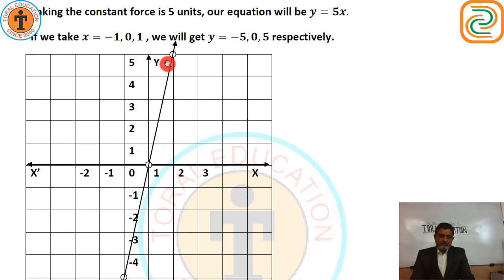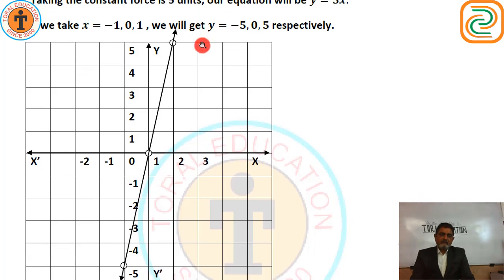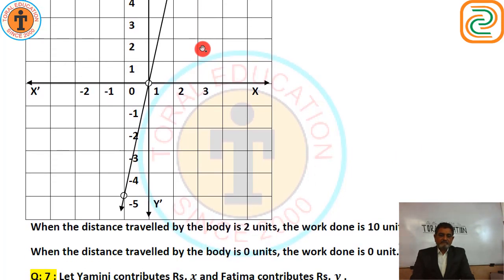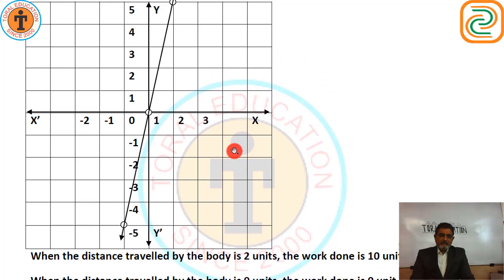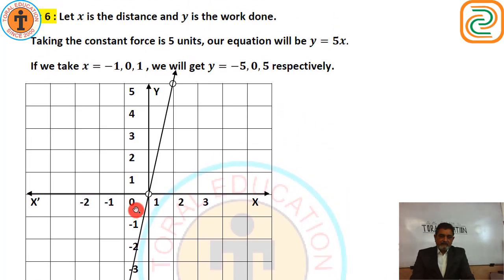If we draw the line up to 10, then we will get that when the distance travelled by the body is 2 units, the work done is 10 units. Why? Because if we lengthen this graph in the positive direction, then here will be 2 and the y coordinate on the upper side will be 10.